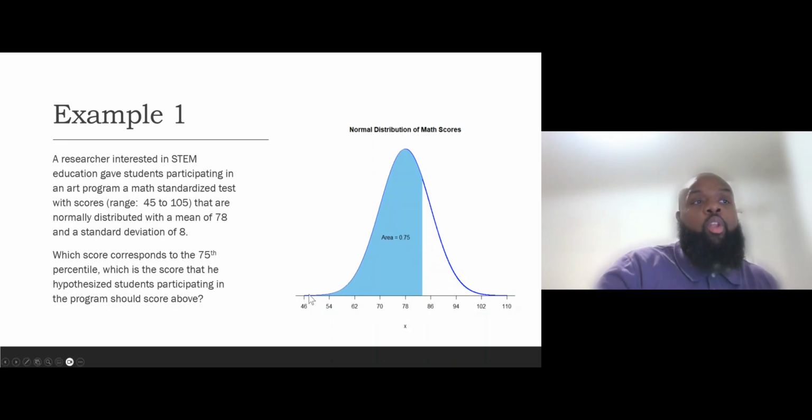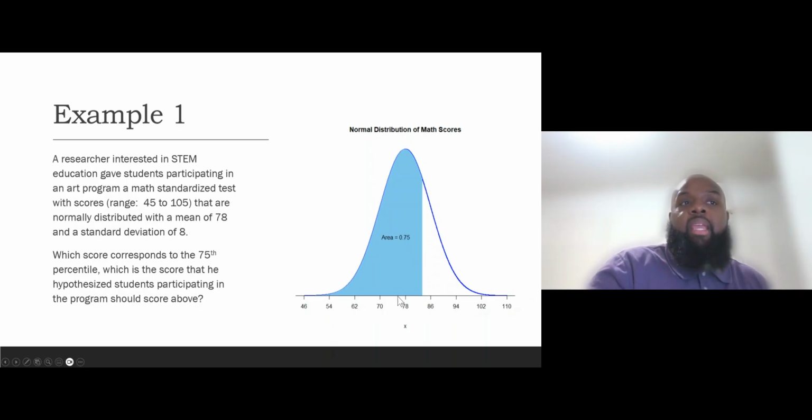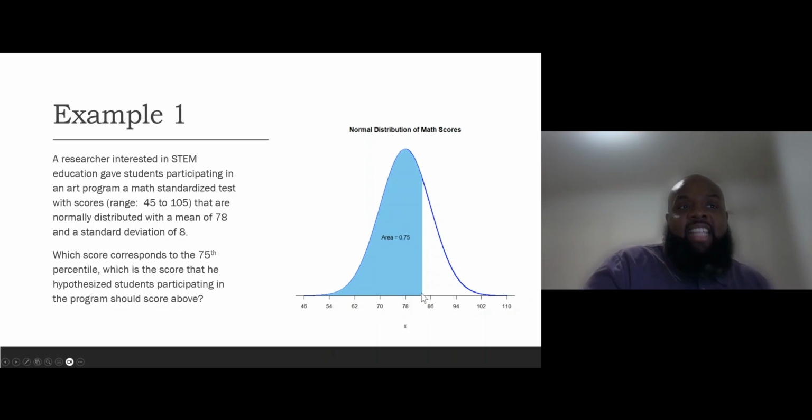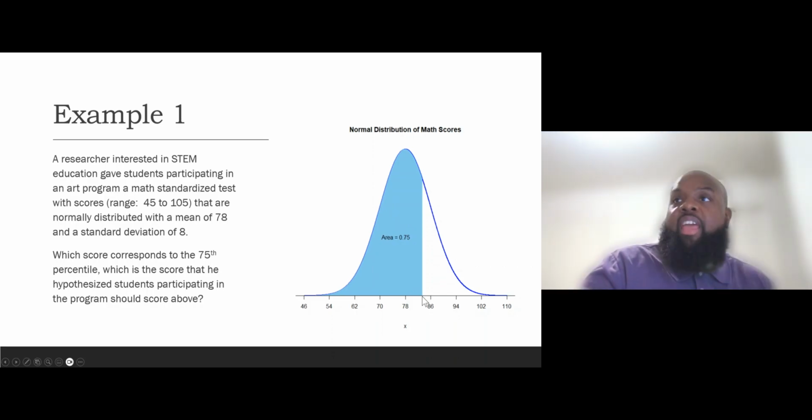So I'm going to start with that lower end up until I get to about 75%. I know it's above the mean because the mean is at the 50th percentile, because the mean equals the median. So I've shaded in this area here. I need to find the X, the score that aligns at that specific point right there.